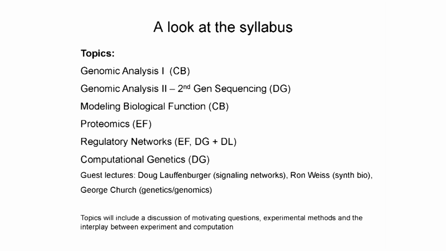Different types of regulatory networks will be covered, with most of the lectures by Ernest, one by David and one by Doug. And then we'll finish up with computational genetics by David. There will also be some guest lectures, one of them interspersed in regulatory networks, and then 2 at the end from Ron Weiss and George Church.